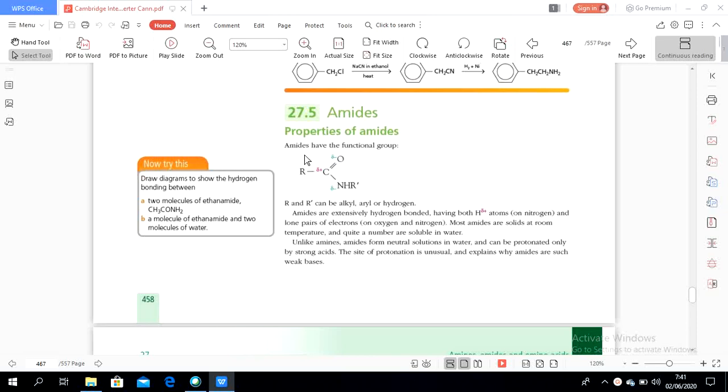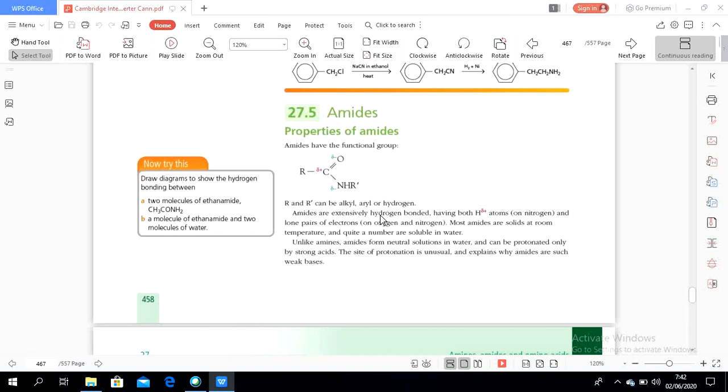Amides have the functional group R, C double bond O, N, H and then R. In here, R and R' refer to alkyl, aryl or hydrogen atom.